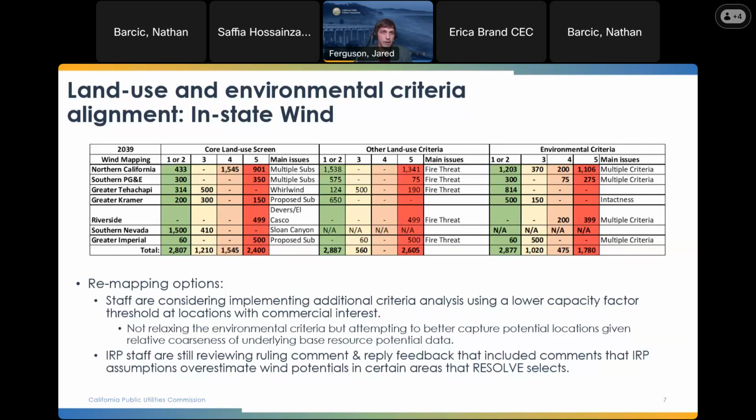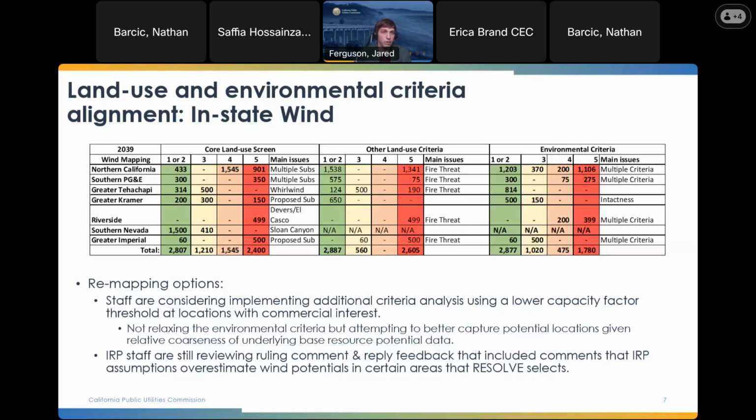We had a fair amount of discussion about that during the inputs and assumptions process. But what we're looking at here for this busbar mapping is particularly these areas that do have commercial interest, and where we're seeing no resource potential, is looking at a lower capacity factor threshold for that initial screen, and then applying the same environmental and land use screens on top of that, because we recognize the limitations and coarseness of those base screen assumptions.